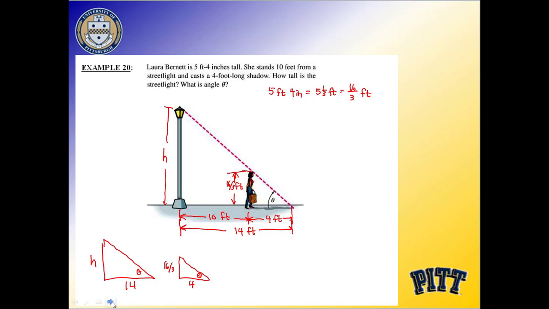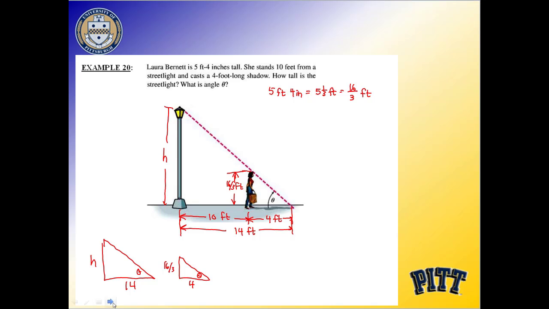And these are both right triangles. I don't have them labeled as such, but we're assuming they are because usually lampposts are made perpendicular to the ground. And I have another triangle similar to it, 16/3 over 4. They have the same angle, having the opposite legs and the adjacent legs here.